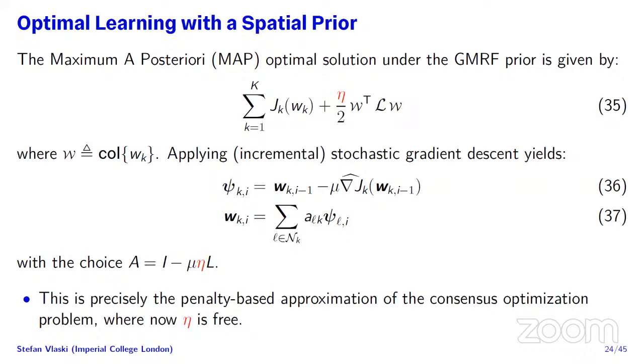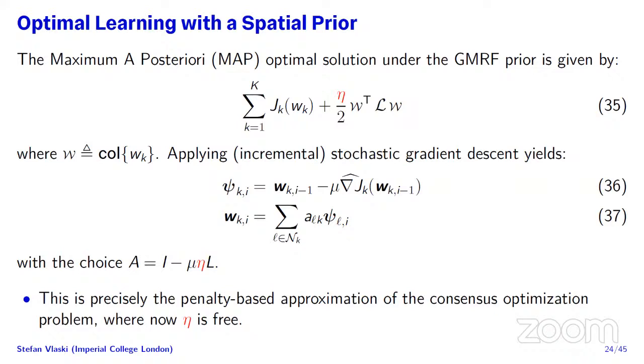So this is another way of deriving this penalty based formulation, right? So previously, we used this as an approximation for the exact consensus problem, whereas now we can interpret this as a different kind of problem, right? It is the maximum a posteriori problem for this very particular prior given by the Gauss Markov random field.